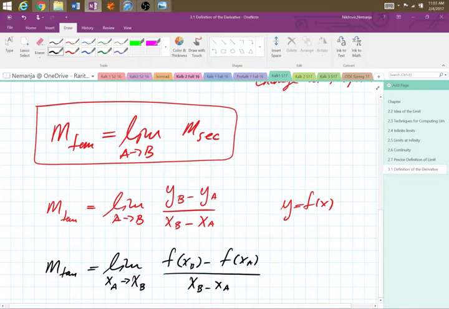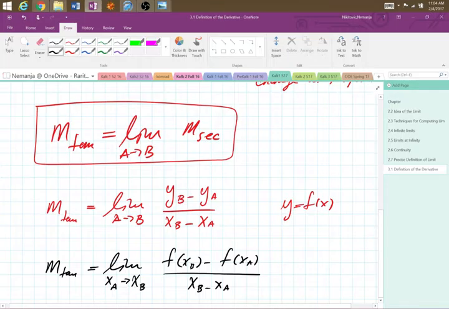I'm now using x locations for the approach because we know we approach on the x-axis, left and right. And I use the pre-calculus notion that y is f of x, so I'm replacing y. So I can write xa, ya, or I can write xa, f of xa, because f of xa is ya.